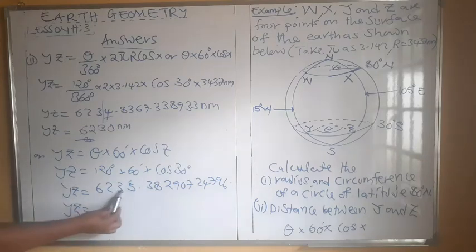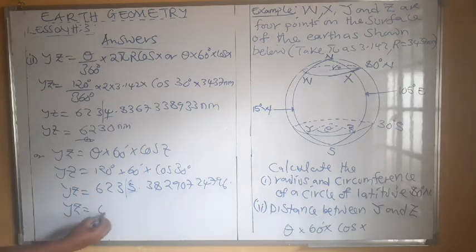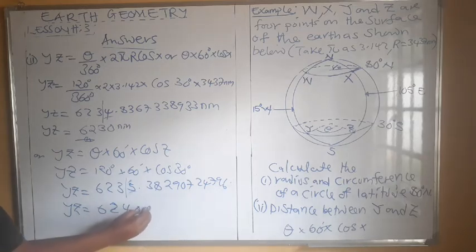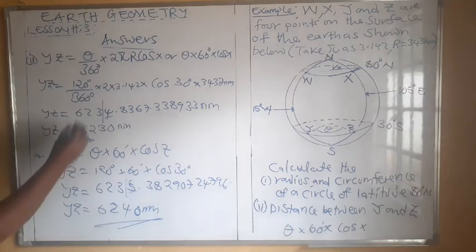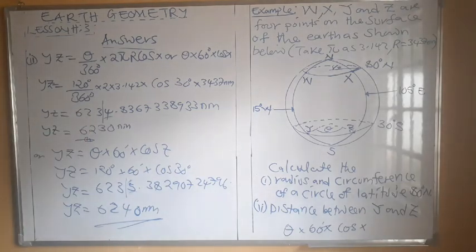So I've got 1, 2, 3. Cut this one. Okay, so we have 6, 2, 4, 0 nautical miles. There is just a slight difference, just the rounding off part. But that's basically what you're supposed to do when getting these values.